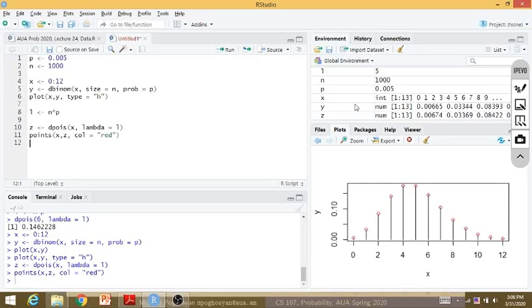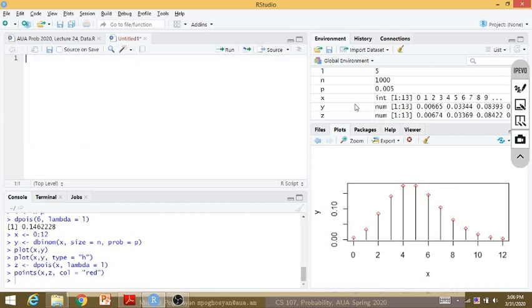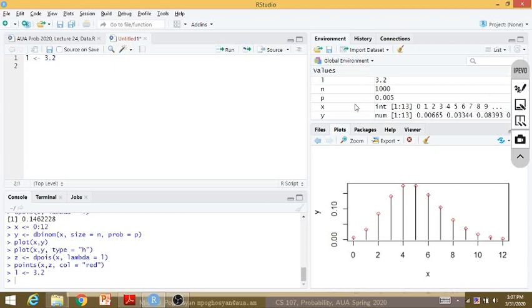So the first part was to generate random numbers from Poisson distribution. So make an experiment with a Poisson random variable. So assume that lambda, L, is, say, 3.2. So the average number of events per unit of time is 3.2.